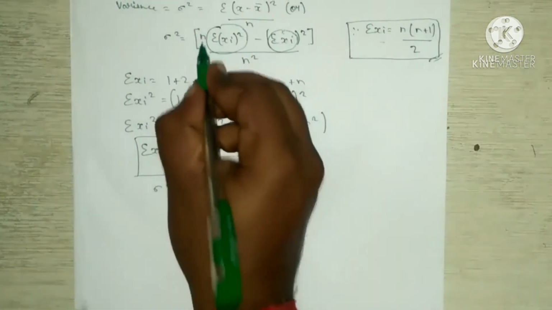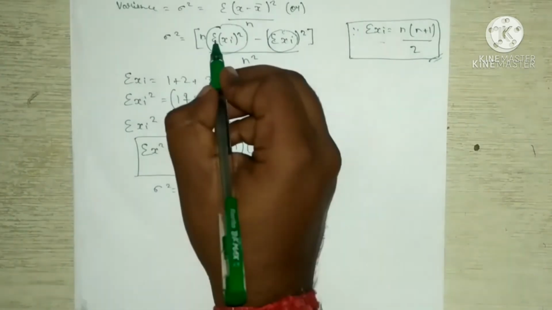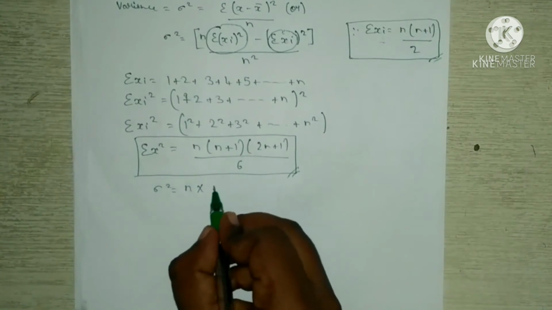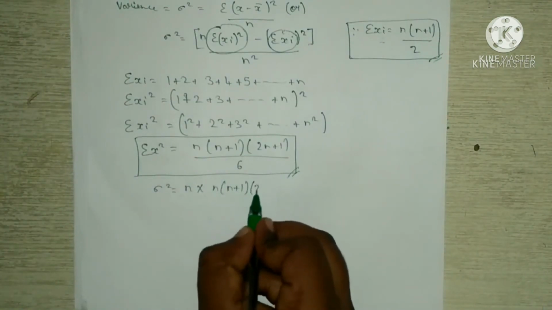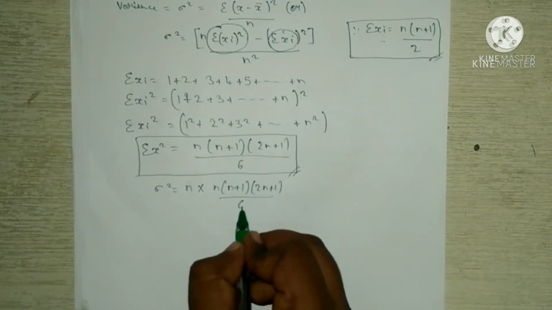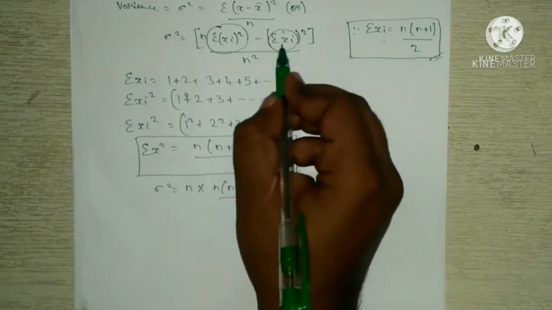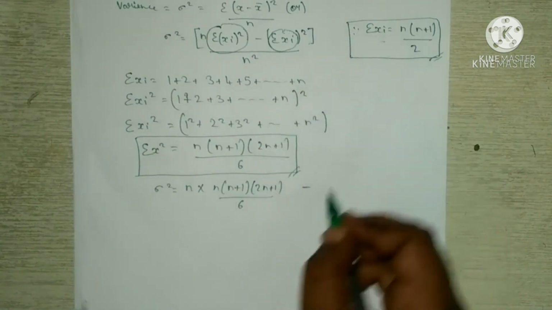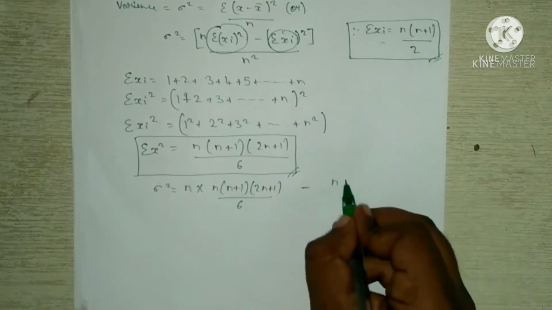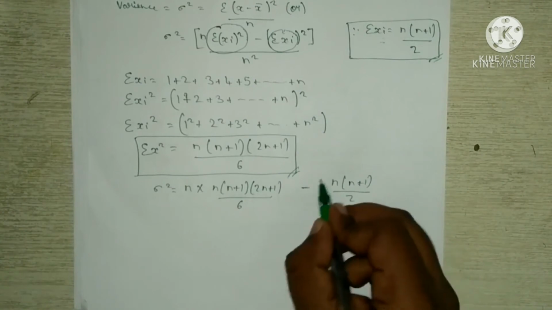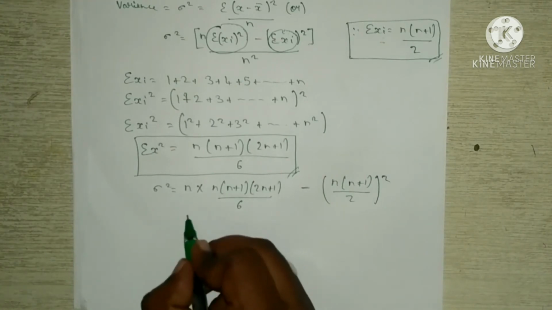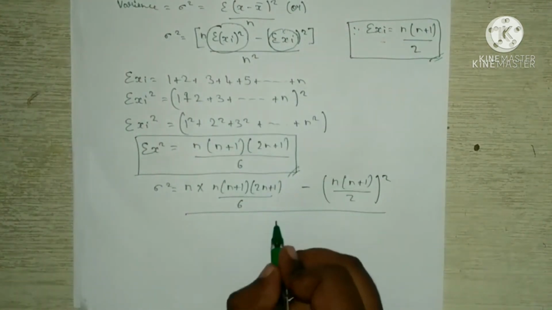Sigma square is equal to n into summation x square, which is n into n plus 1 into 2n plus 1 whole divided by 6, minus summation x to the whole square. Summation x is n into n plus 1 whole divided by 2, to the whole square. Next, whole divided by n square.